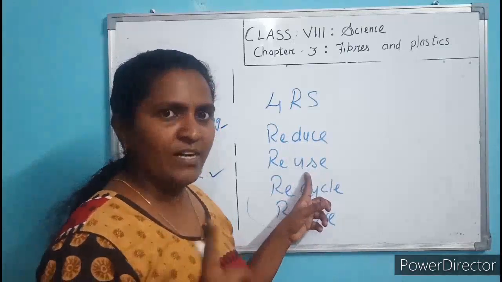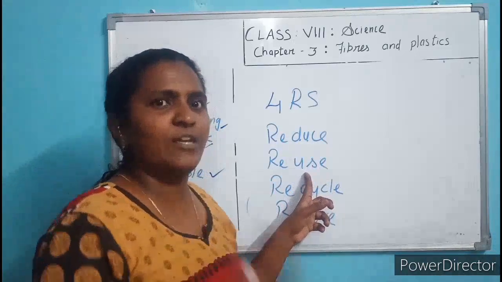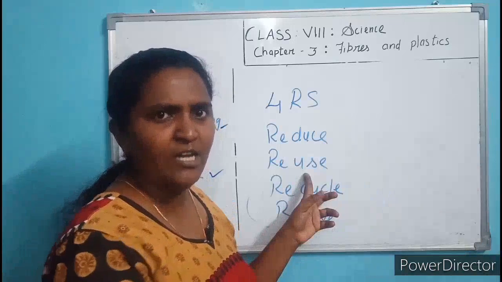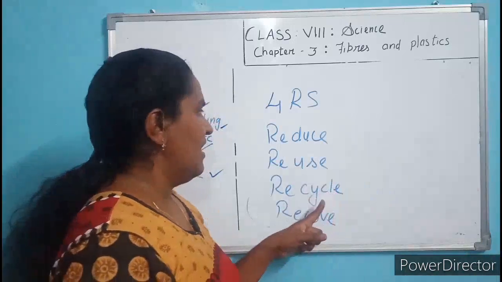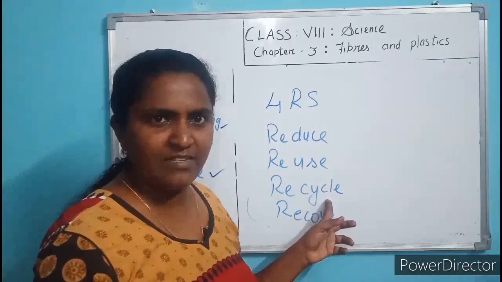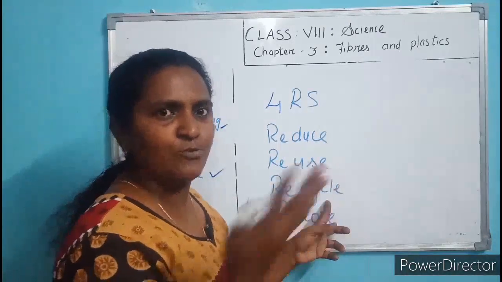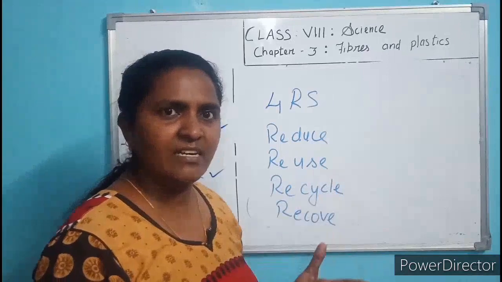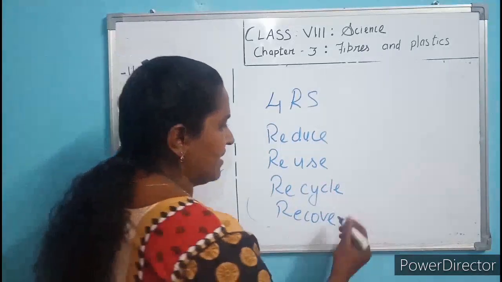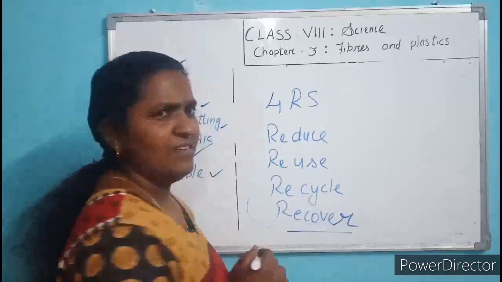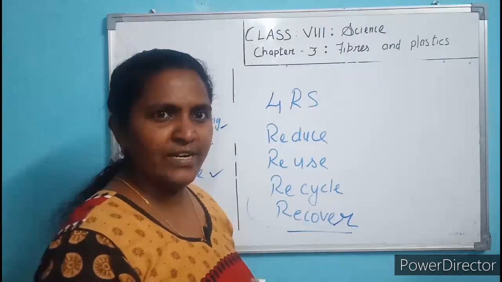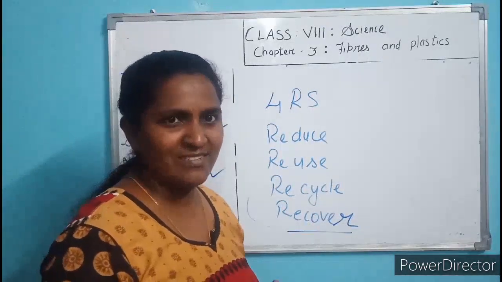And reuse means once the plastic is used, you can reuse it instead of throwing it outside, or instead of buying a new bottle, you can reuse it. And what does recycle mean? Kabadi walas, we can sell it to them instead of throwing the plastic. They will sell it for recycling the material. And what does recover mean? Some of the solid waste can be converted to electricity or compost.